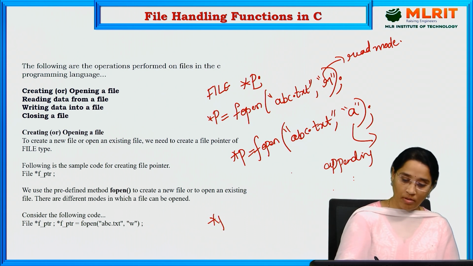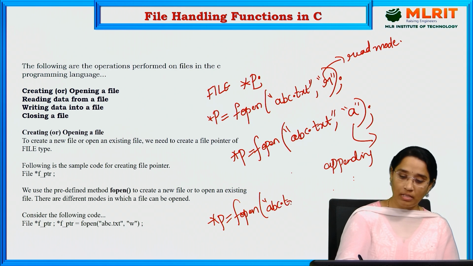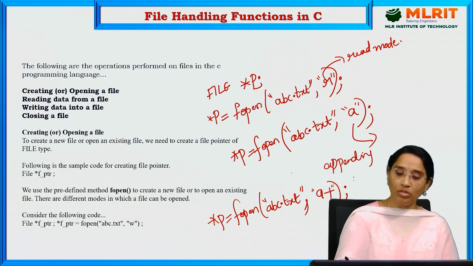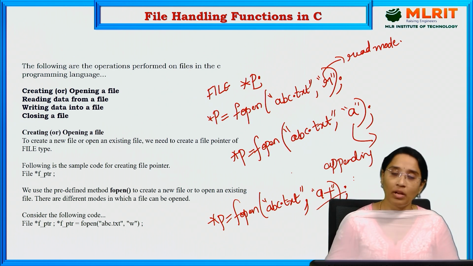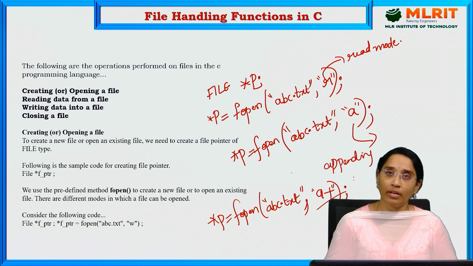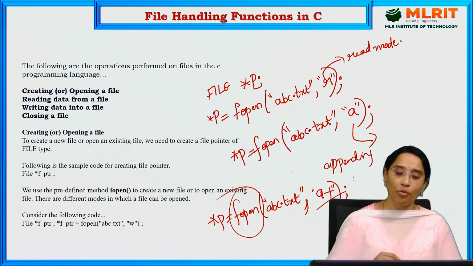Next, file pointer p is equal to fopen of abc.txt, comma a plus. So what is a plus? It's both reading and writing. Reading is done from the beginning of the file, whereas writing is done only at the end of the file. Like this you can open or create any file by using this fopen function.